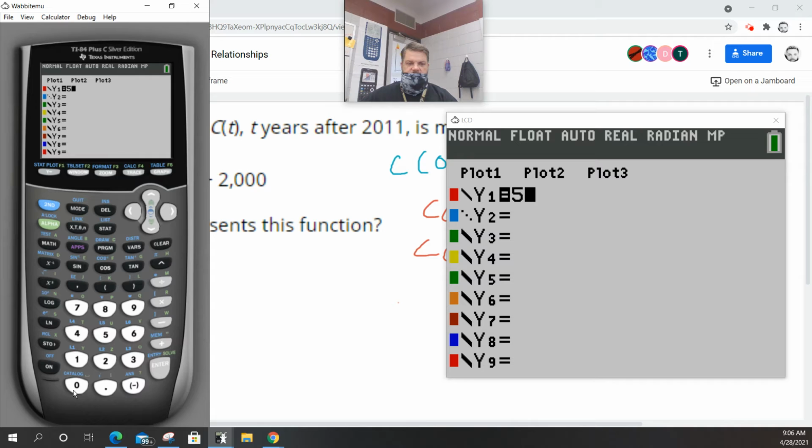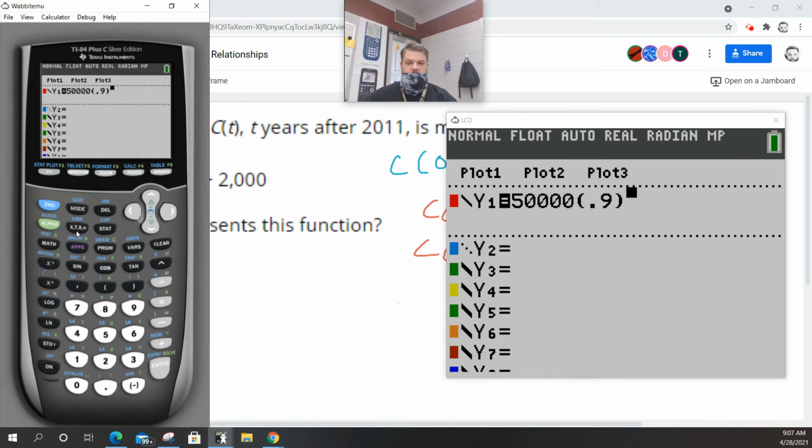So I'm going to put 50,000 times 0.9 raised to the x, we're just going to use x instead of t, it doesn't matter. And then minus 2,000. Oops, not 20,000, 2,000.